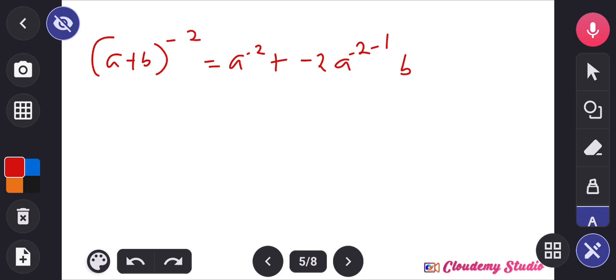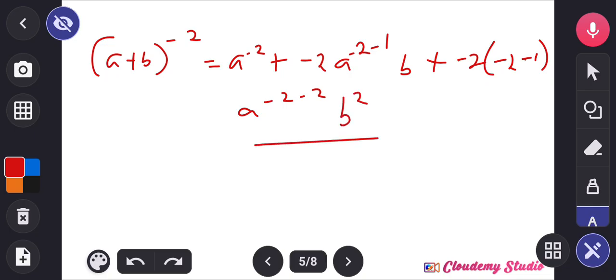Plus, that will be minus 2 into bracket minus 2 minus 1, and a raised power minus 2, then b raised power 2, everything divided by 2 factorial. And that's how you are going to be doing it.